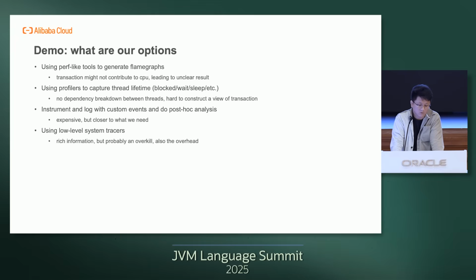We can also use some profilers to capture thread lifetime, meaning that we can look at how much time it's blocked, waiting and sleeping. But this approach lacks the dependency breakdown between threads, meaning that we might not know exactly what each thread is waiting for, or the reason for the block.